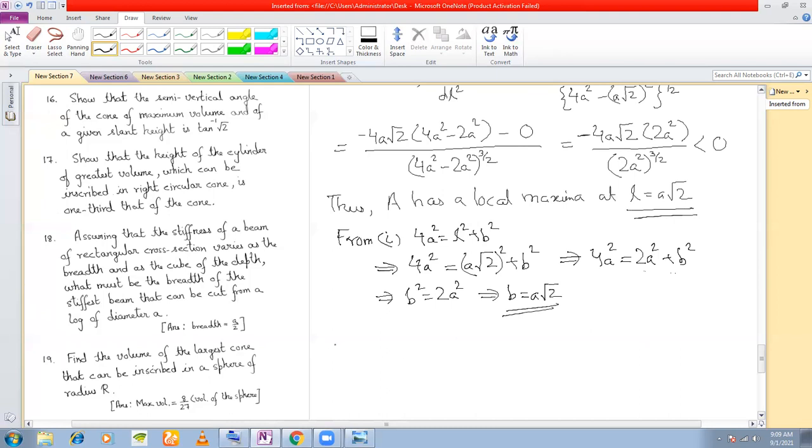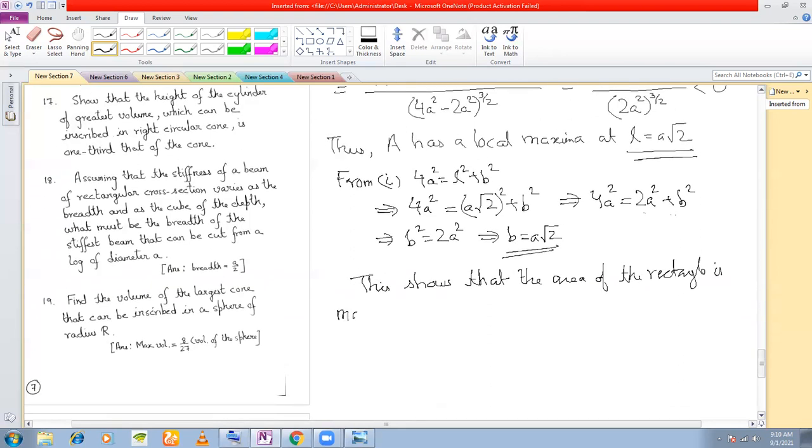So this shows that the area of the rectangle is maximum when L and B both are equal to radius of the circle into root 2.